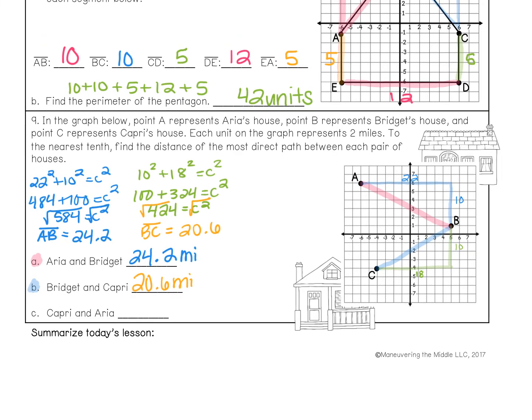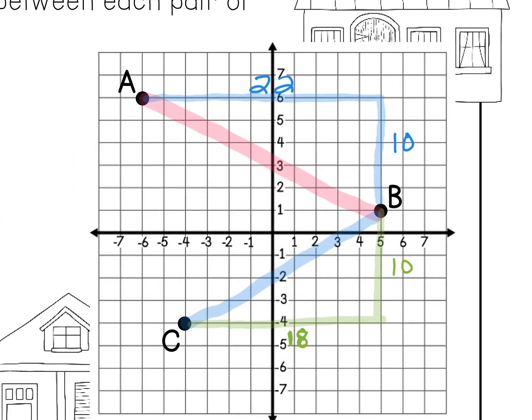And lastly, we'll take a look at Aria to Capri's house. Might have to use a smaller highlighter for that one. And again, I can use the Pythagorean theorem to help me. So I've got a side of 4 because it's 2 units, which is 4 miles.